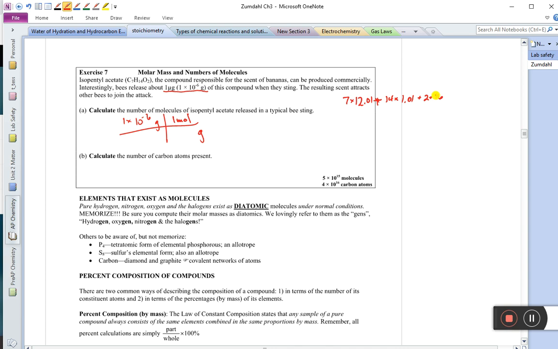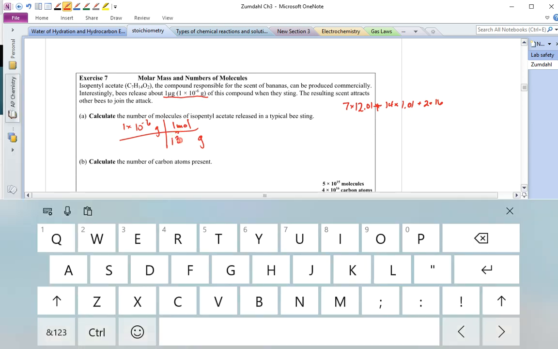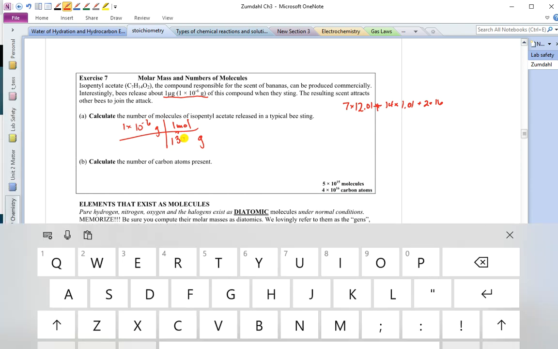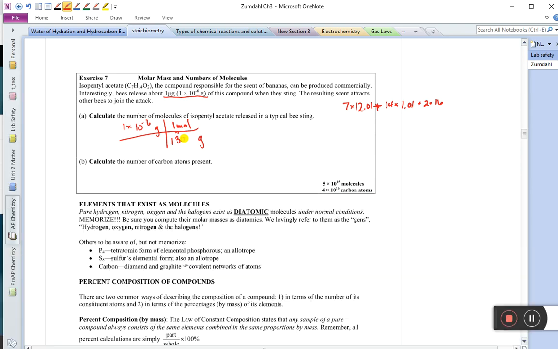That's a times. Get that math done. And you get 130.21.